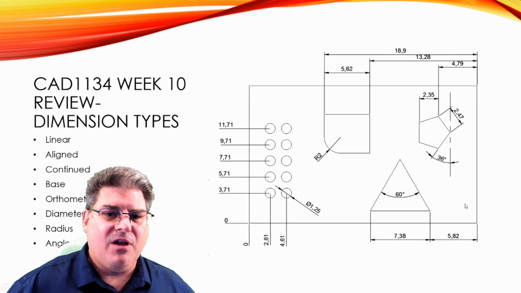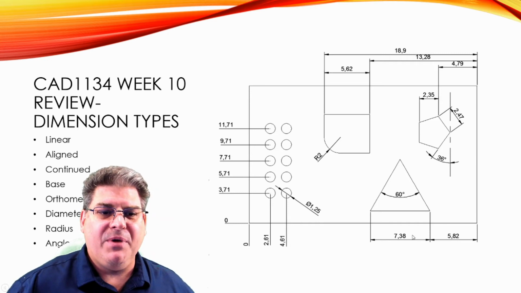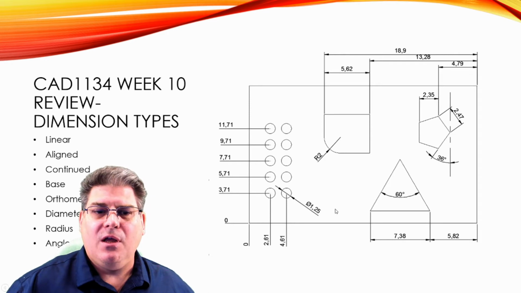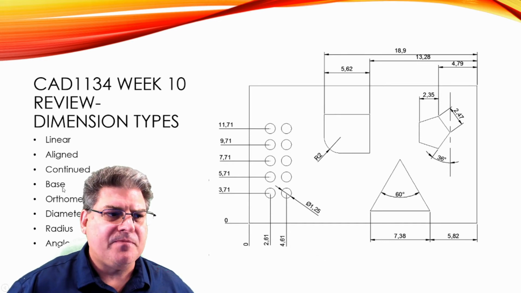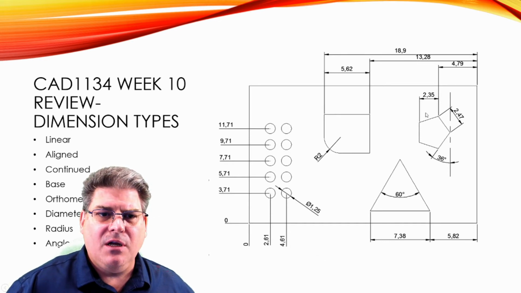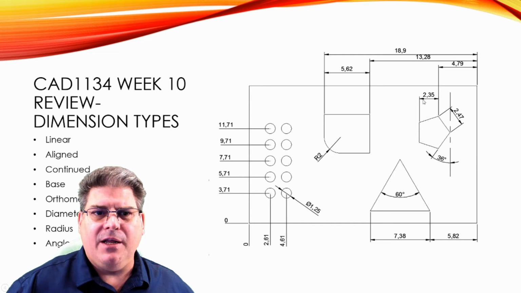So in this case, I'll pick the first dimension, and then I will say continued, and then I'll pick the next one, and it assumes that this last point is your base, and so it just moves across from one to the other. Linear dimensions are, as they say, linear, so absolute in the X or the Y.